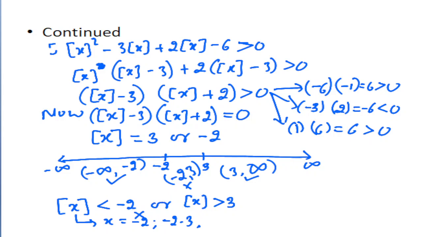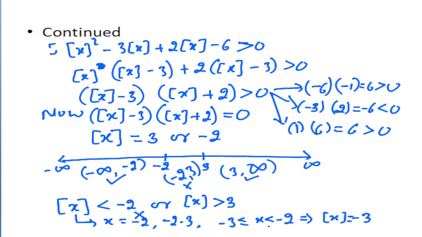For any value less than minus 2 and greater than or equal to minus 3, the greatest integer function value is minus 3. So the greatest integer function value is minus 3 for these values.